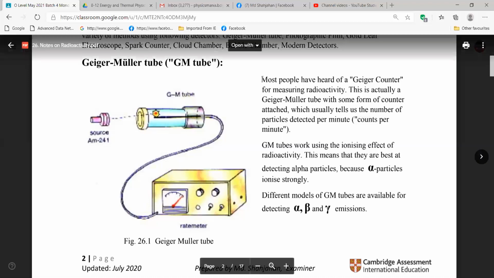So please read it. Most people have heard of the Geiger counter for measuring radioactivity. This is actually a Geiger-Müller tube with some form of counter attached.